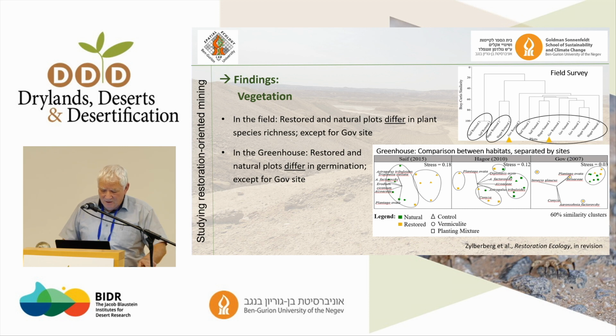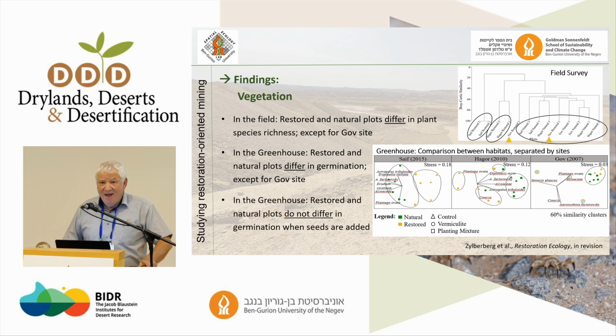Just ignore the treatments, just look at the orange and green dots, regardless of the symbols, because we don't have time to get to each of the treatments. Basically, except for some samples in the GOV site, the germination community is different between the restored and the natural plots.